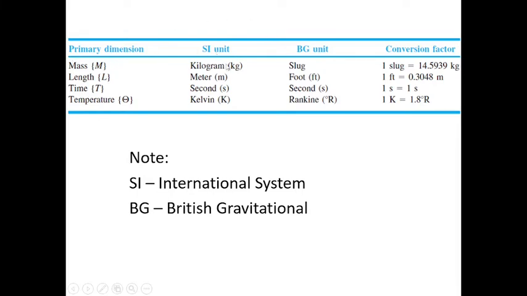So we have kilogram, meter, second, and Kelvin as SI units. Then we have the British gravitational unit, which makes use of slug, foot, second, and Rankine. That's it, no? Alright, so we continue, no?